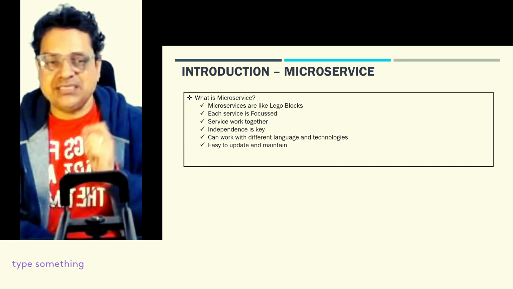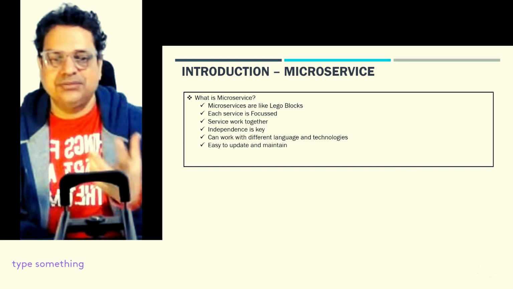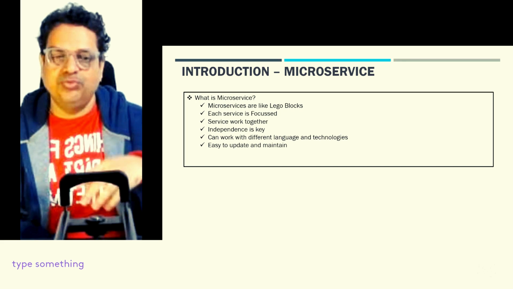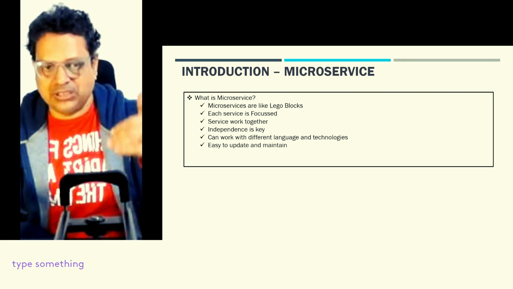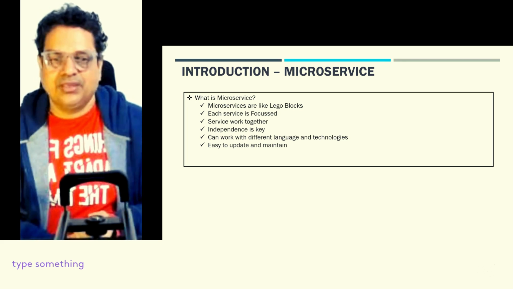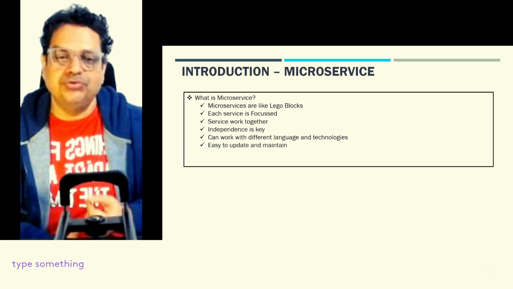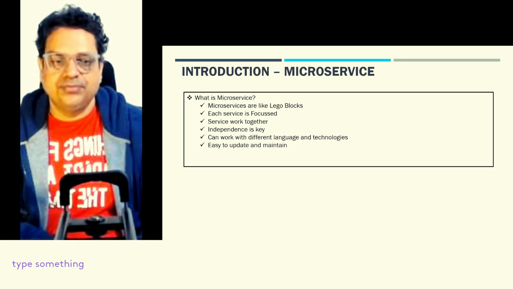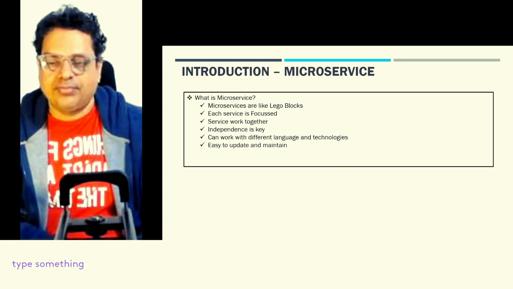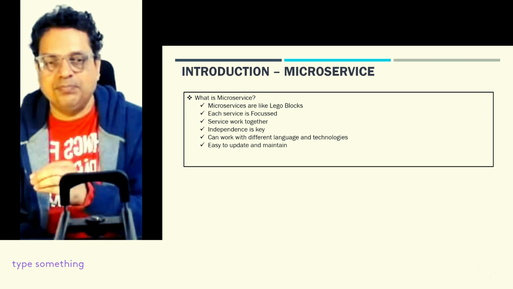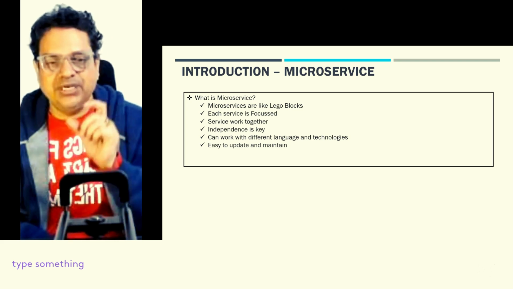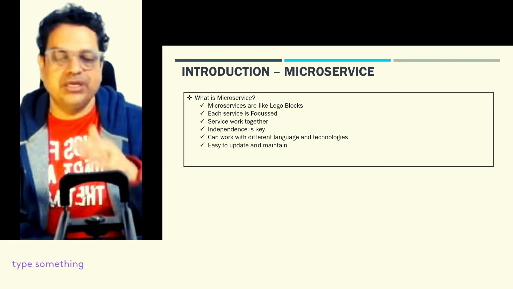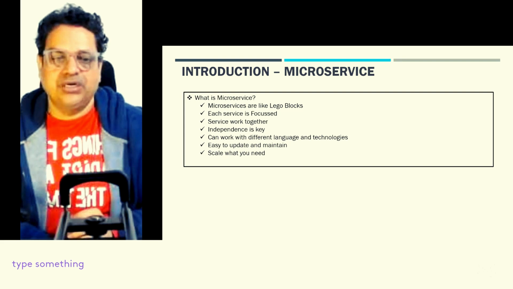In that case, to enhance the service, you just add more cashiers or more counters, so that people get more choices and the experience is optimized. You can think of the same analogy here. You can easily update one part without disturbing the other parts. You only need to scale the part which requires it, not everything else, right? That is what scale what you need says.